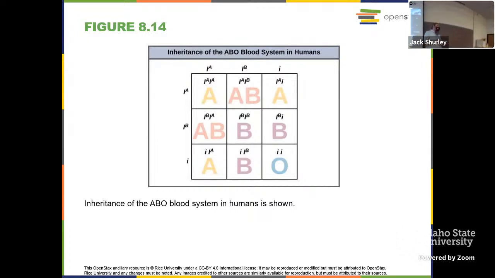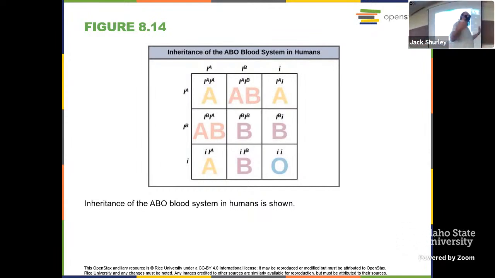So if a negative woman is pregnant with a child that happens to be positive, on the first pregnancy, it's not really that big of a deal because this is like the first inoculation. This is the first shot, if you will, and it takes two times really to mount a big response.